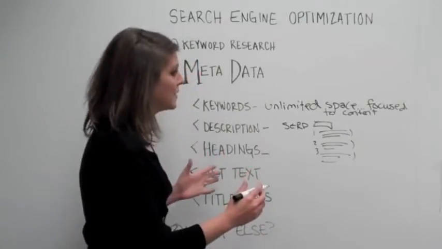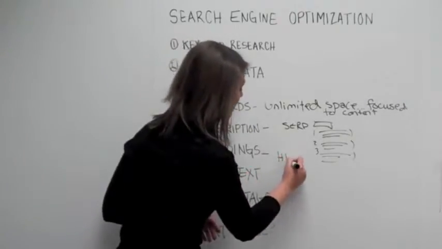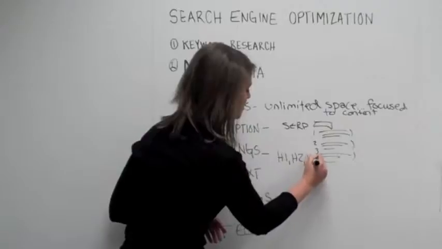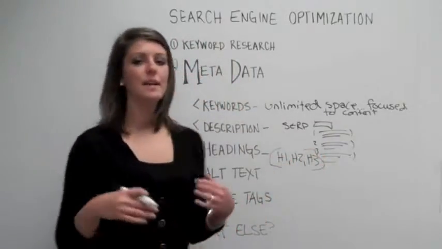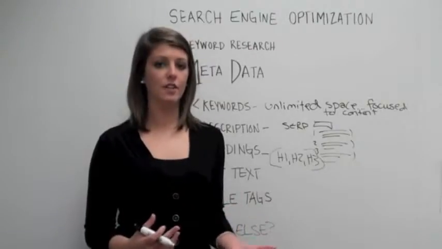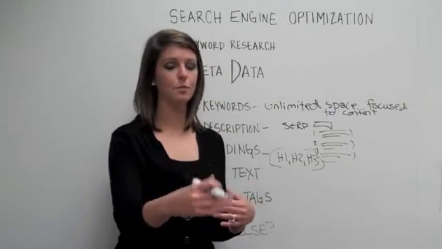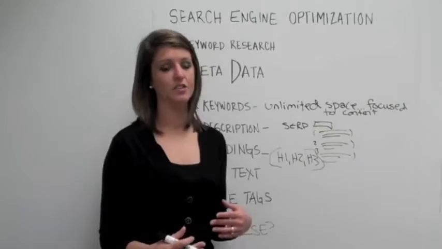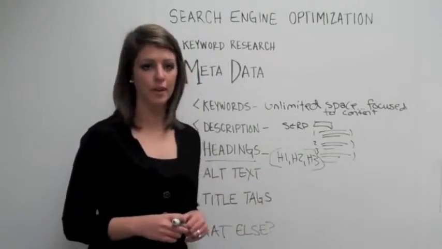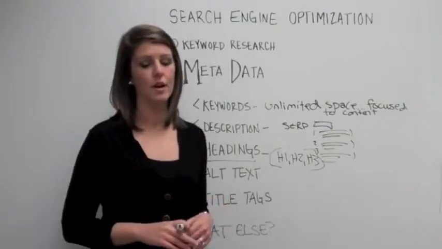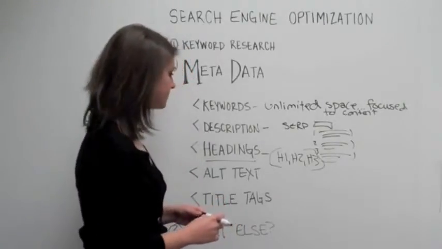So headings will be listed in your source code as H1, H2, H3, and these are all really important because they basically tell Google what the hierarchy of your content is. An H1 is more important than an H2, is more important than an H3. And a lot of times headings are bolded, so they show how your content is organized on your website.